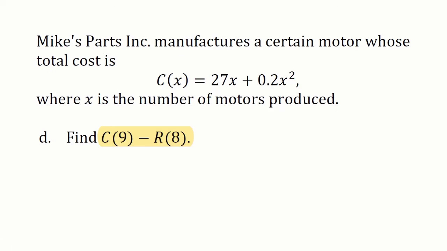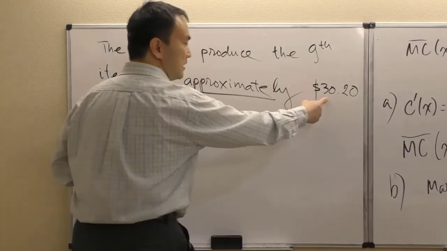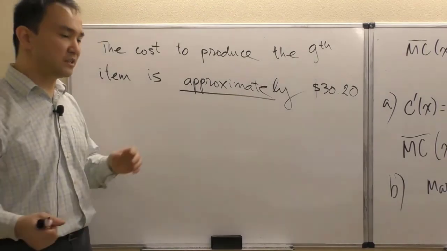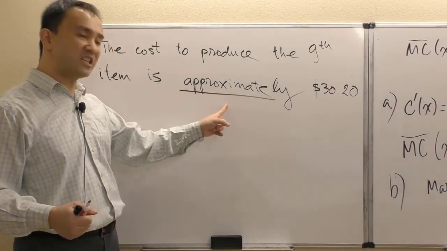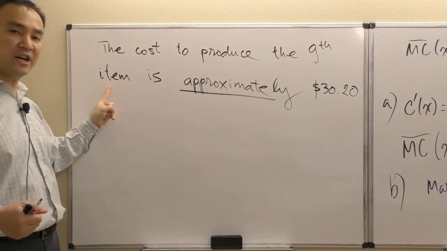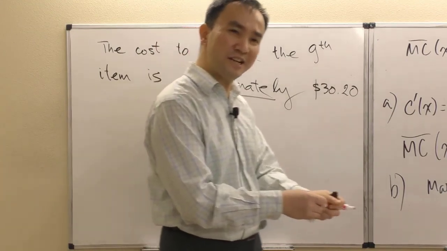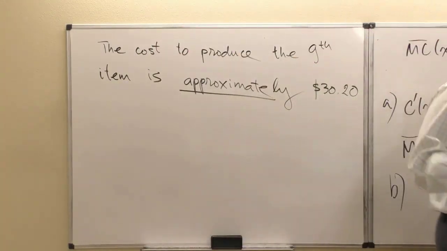Just like I was explaining earlier, the answer in part B was only an approximate. That $30.20 was approximately the cost to produce the 9th item after the 8th one. But now let's really tear it down and compare how close we are. That's the idea right there.